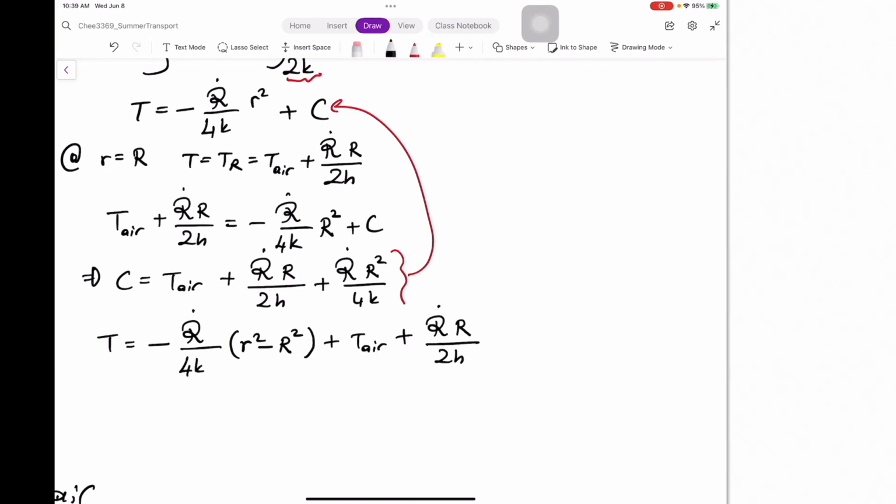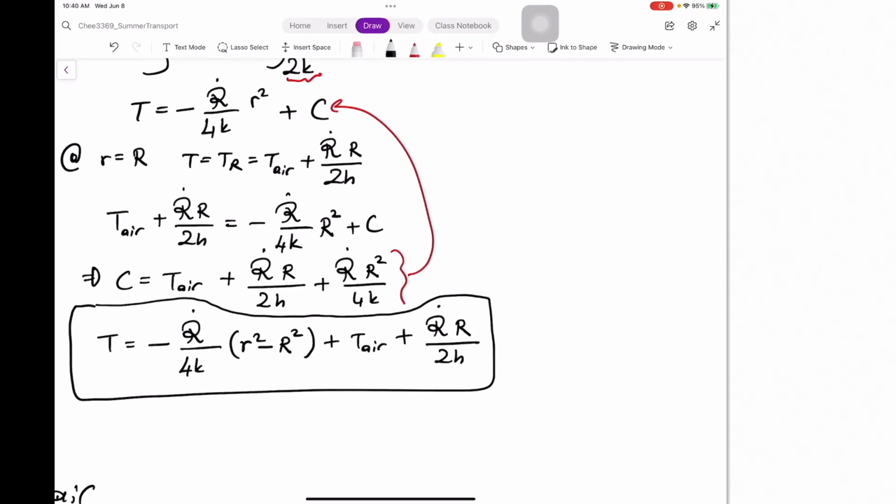Any questions so far? Okay, so that's the temperature profile. That's the answer.